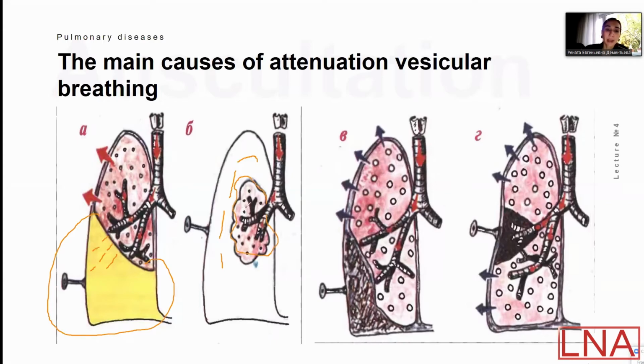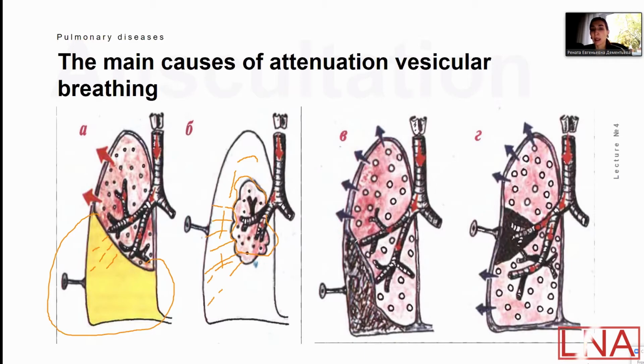So there you can maybe detect a little bit of vesicular breathing, but providing this type of breathing on the surface of the lungs, we cannot speak of at this time, so we will determine either absence of vesicular breathing or attenuation of vesicular breathing.